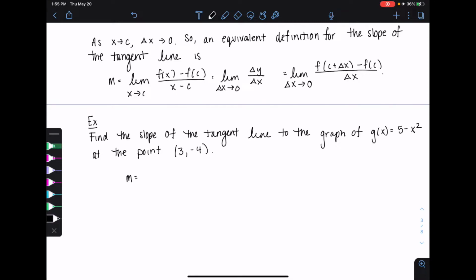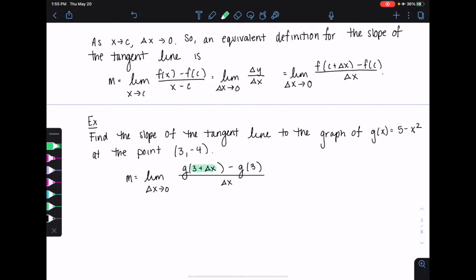So I need my slope. Using this definition, it is the limit as delta x approaches 0 of my function evaluated at 3 plus that small change, my function is g, not f, minus my function evaluated at 3, divided by the difference in these x values, which is delta x. Okay.